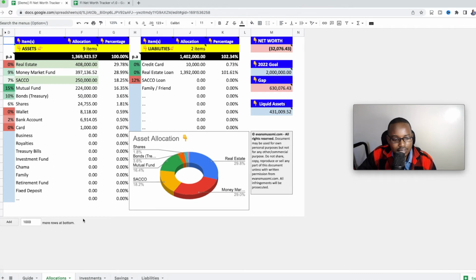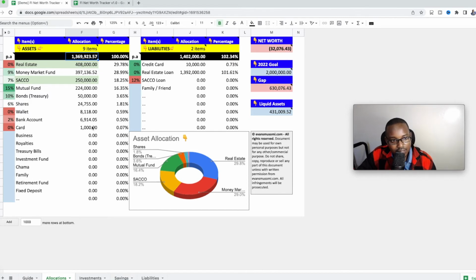Now for the net worth part, the allocations. So on this side, we see assets, 9 items, totaling 1.36 million. He has real estate, money market fund, Sacco, mutual fund. These are things that came from the investments sheet and the savings sheet.